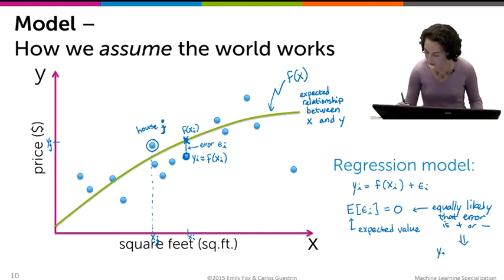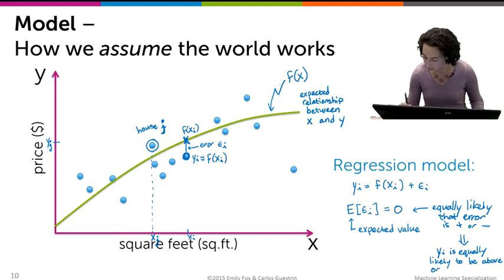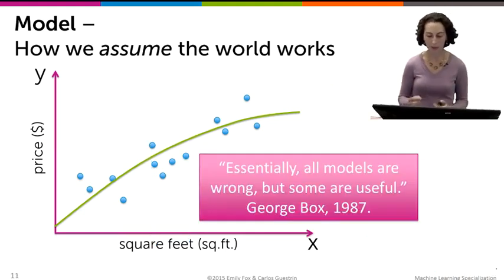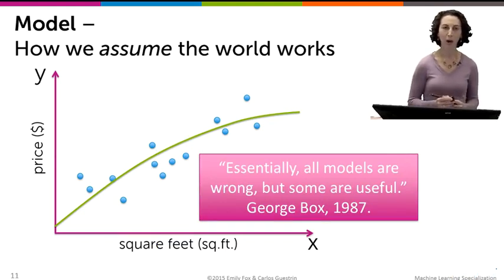So yi is equally likely to be above or below f of xi. Okay, so I want to be clear that this is the model that we're using. This is how we're assuming the world works. And there's this very famous quote by George Box that says, essentially all models are wrong, but some are useful.